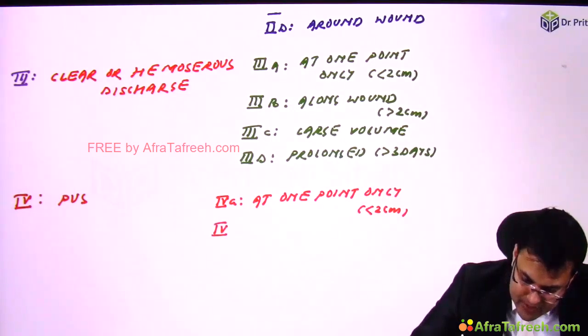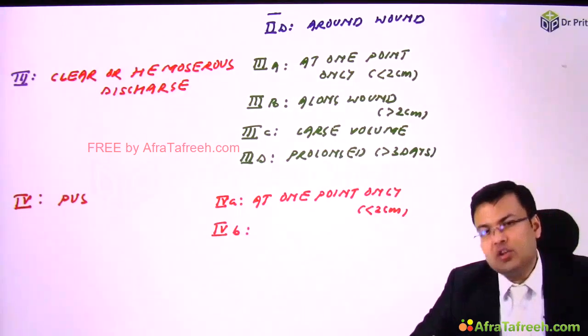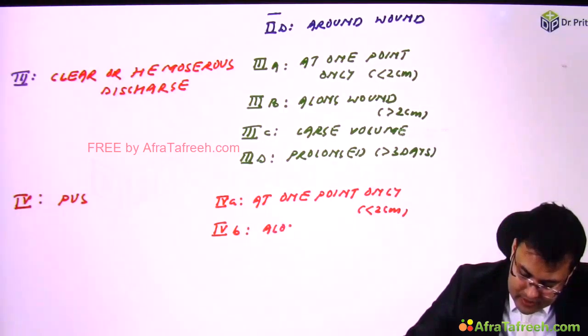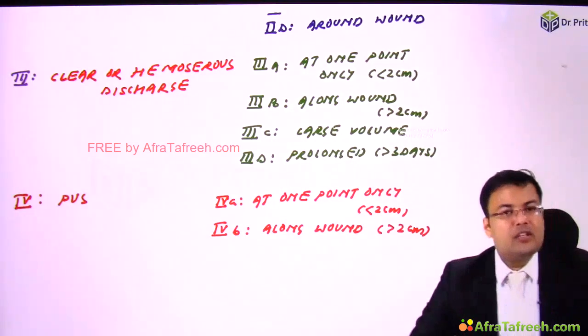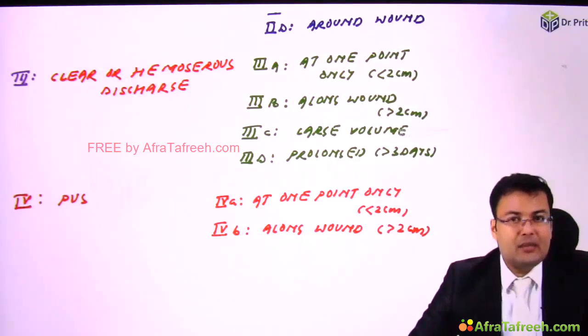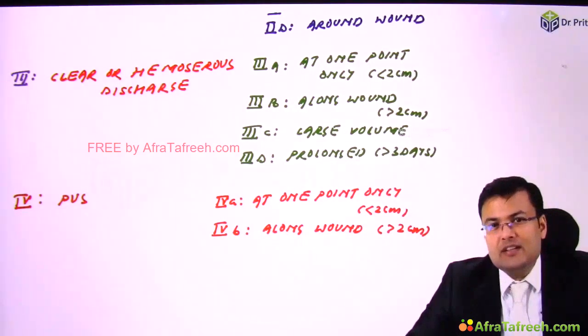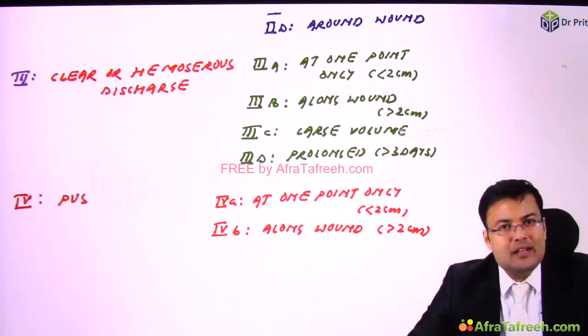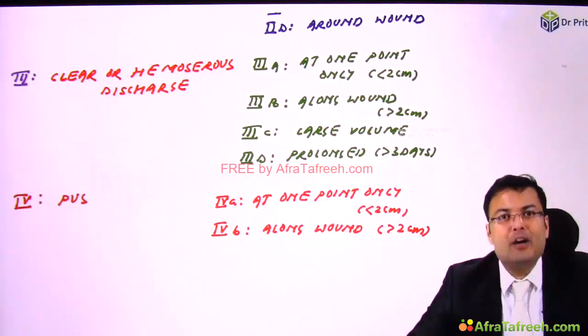And in 4B, it's along the wound and more than 2 centimeters. So this is the Southampton wound grading system. For the last 3-4 years, questions have been continuously asked in AIIMS, NEET, JIPMER, PGI from this topic.